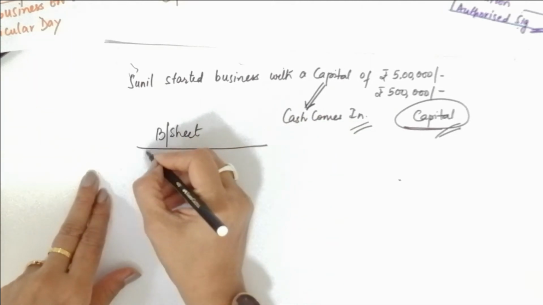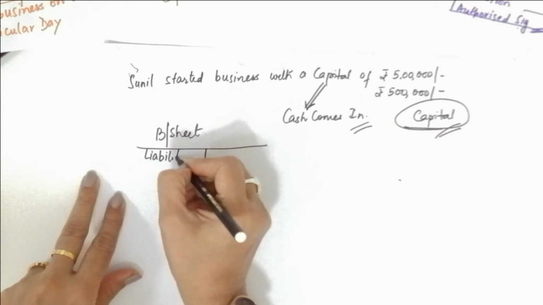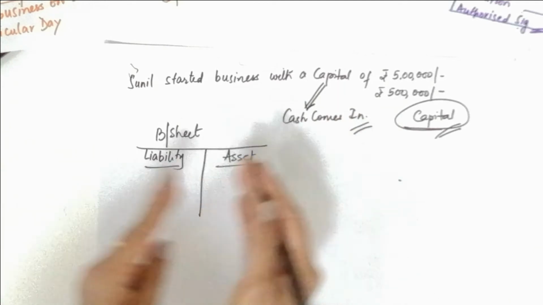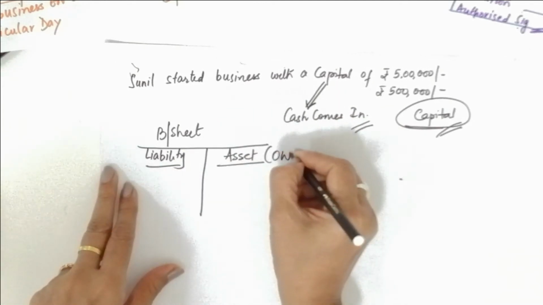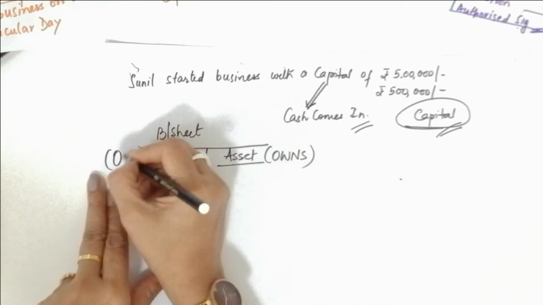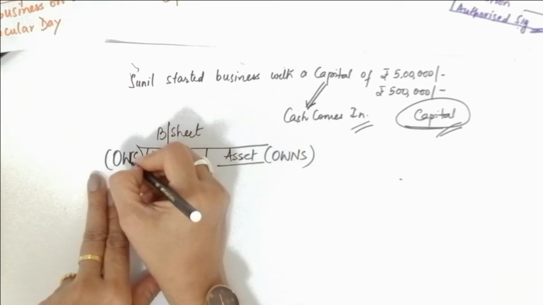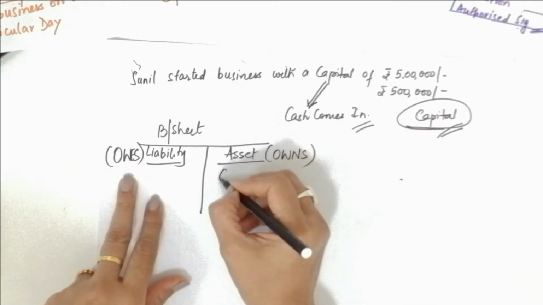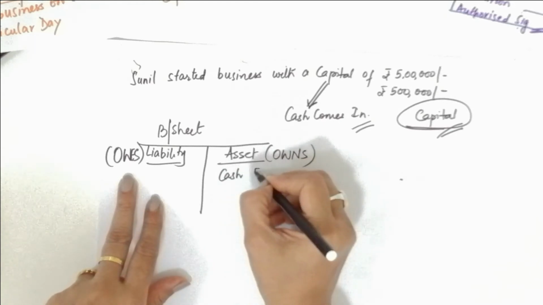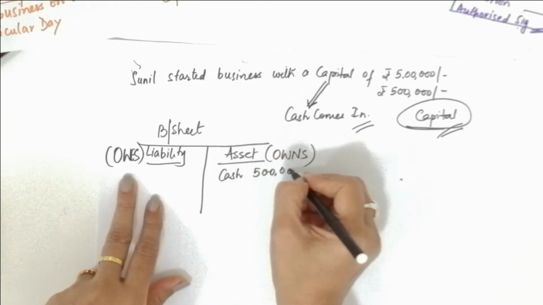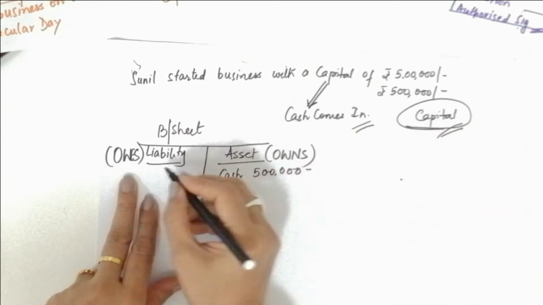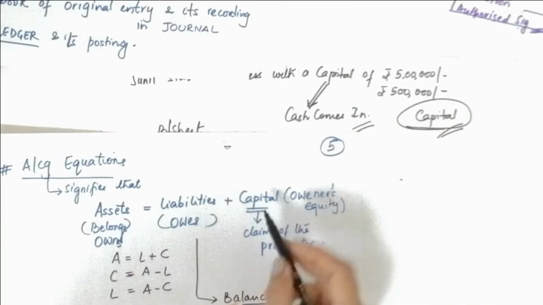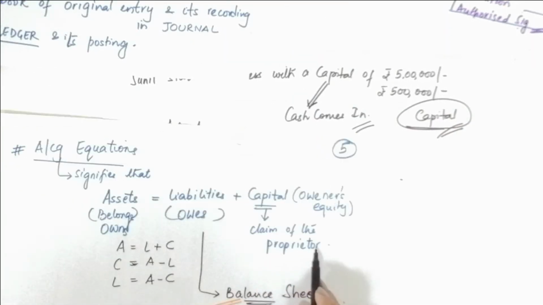Here I always have a liability, and here is always asset. So asset is owns. Remember? Owns, sorry, O-W-N-S. Alright? So what, cash comes in. So my bank or cash has 5 lakh, and the company has to pay. It's the proprietor's. Remember I said capital is a claim of the proprietor, right?